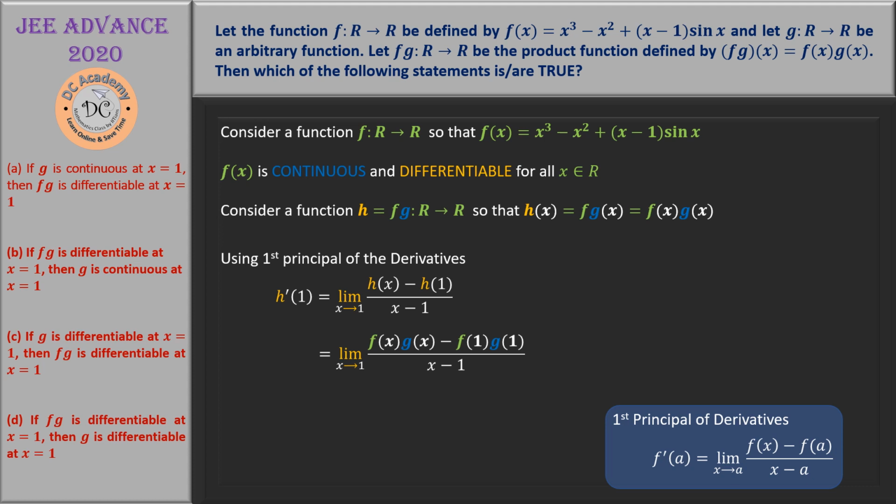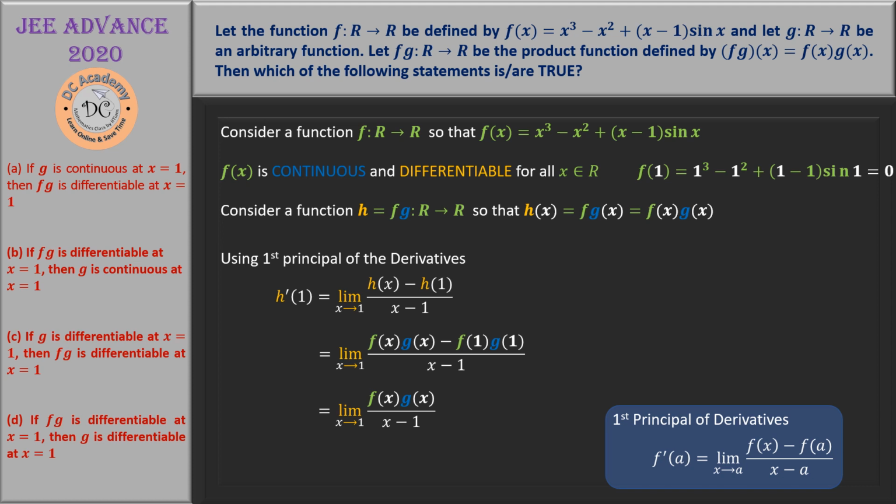Now see that f(1) is well known, so let's calculate f(1) by substituting 1 in place of x. It will be 1 minus 1, which is 0, and x minus 1 is a factor, so it's 0 again. Therefore f(1) equals 0. So the limit will be converted to f(x)g(x) divided by x minus 1, because this term will be omitted, since the numerical value of f(1) is 0.